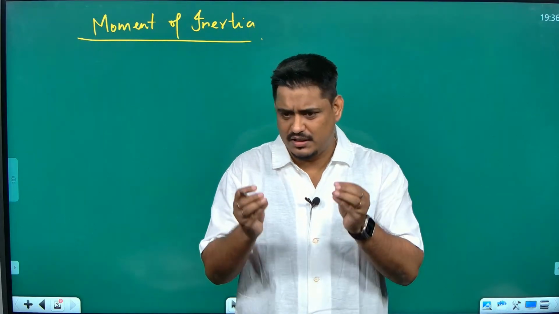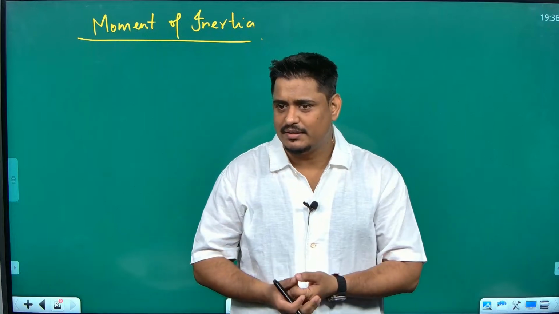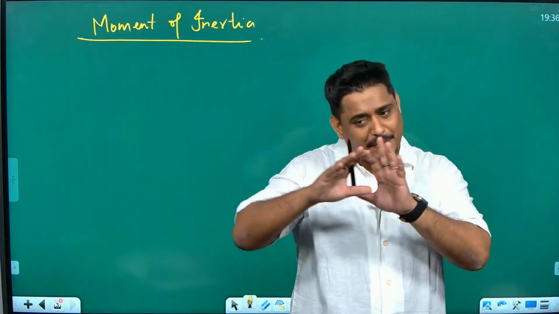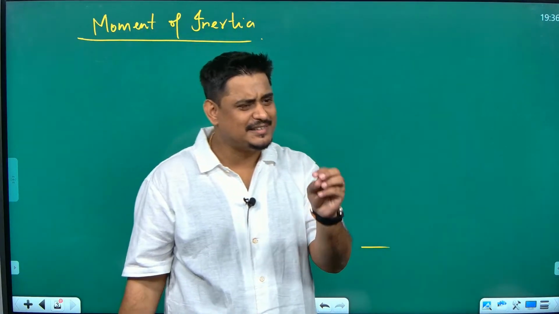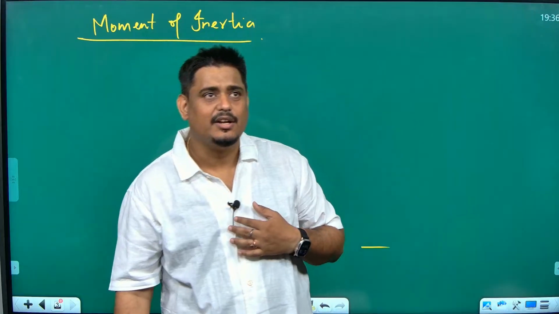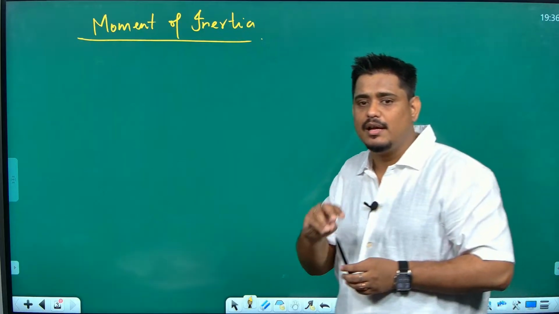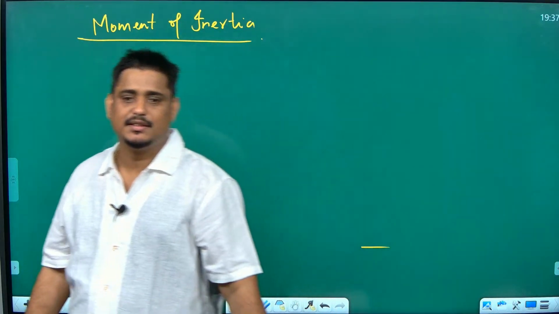Center of mass, if you are listening properly, is simple only. Analogy also is simple only. But from here the trouble starts, and luckily they have removed 70% of the portions in the CBSE recently. What remains is very small, so it will become easy again. So moment of inertia plays the same role as played by mass in translatory motion. Write this statement first.